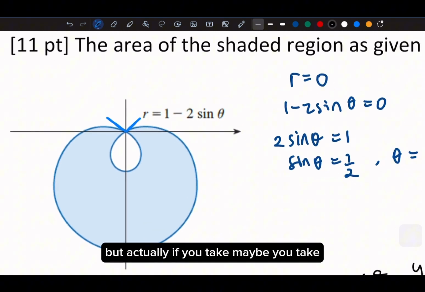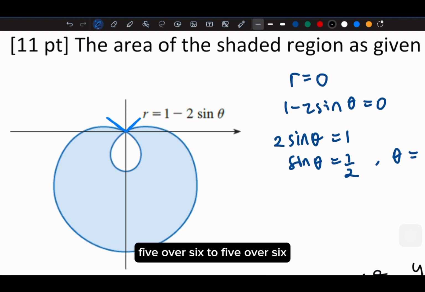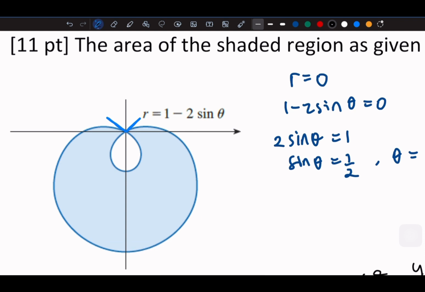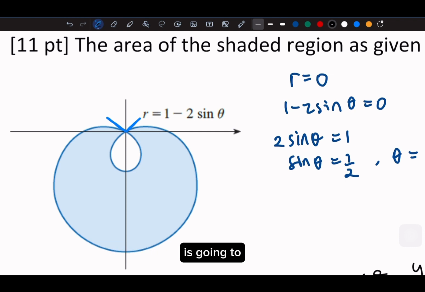But actually, if you take, maybe you take pi/6 to 5/6, I don't think it's looped. Okay, you need to make sure that the whole thing is going to full circle.